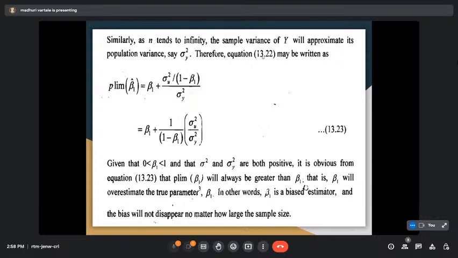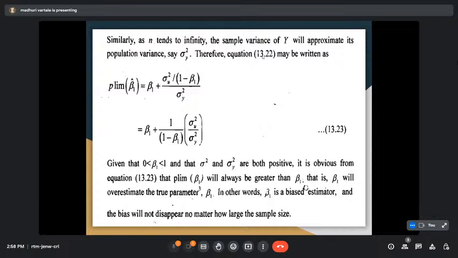In other words we can say beta 1 is a biased estimator and the bias will not disappear no matter how large the sample size. Okay, so it depends on all these matters, that is beta 1 will always be greater than beta 1 and will overestimate the true parameter.